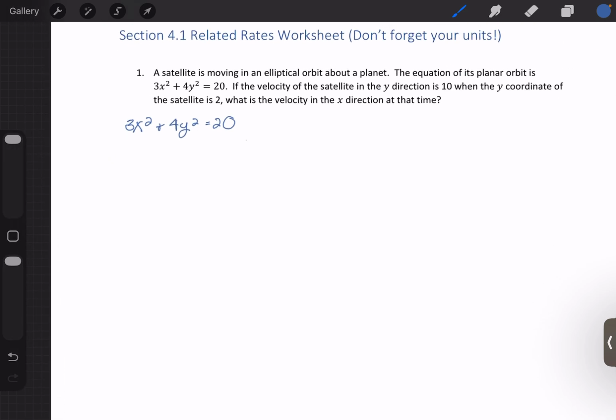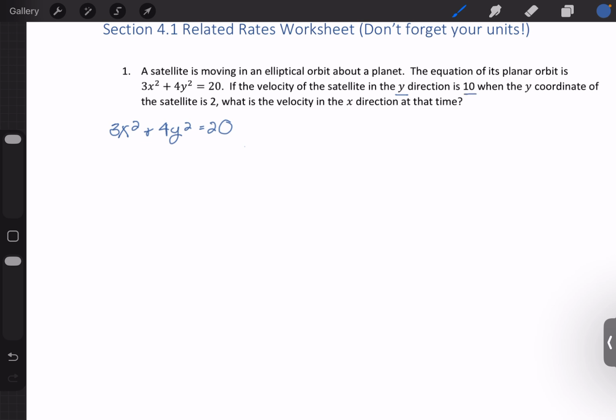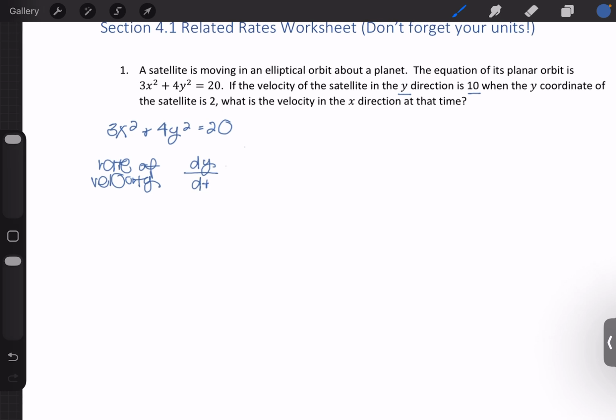We know that the rate of velocity in the y direction at a specific time is 10, and we are going to be solving for the rate of velocity in the x direction at a specific time, so dx over dt.